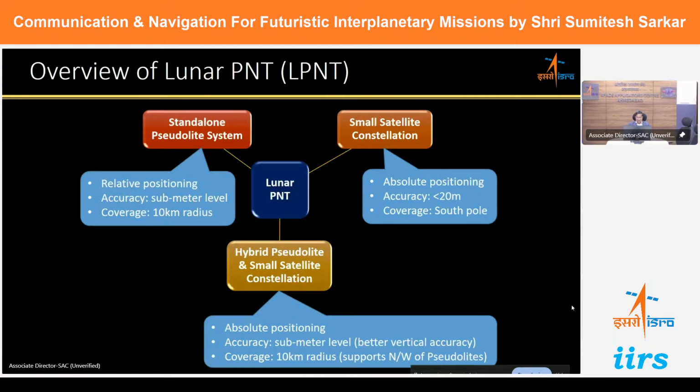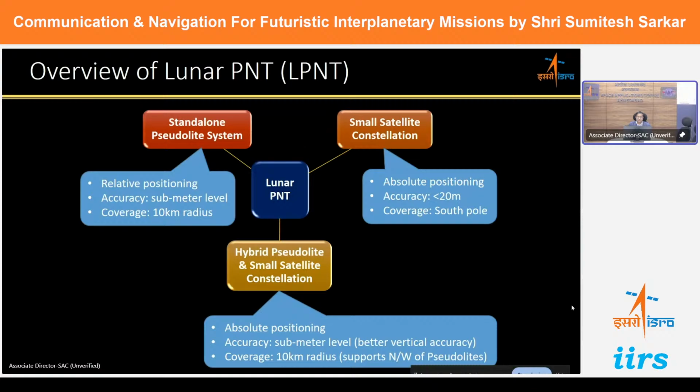So there are three types of systems which are being planned for lunar PNT now. That is the position and timing services on the Moon. One is, as I said, using the GNSS signal. Then we can have a small satellite constellation.